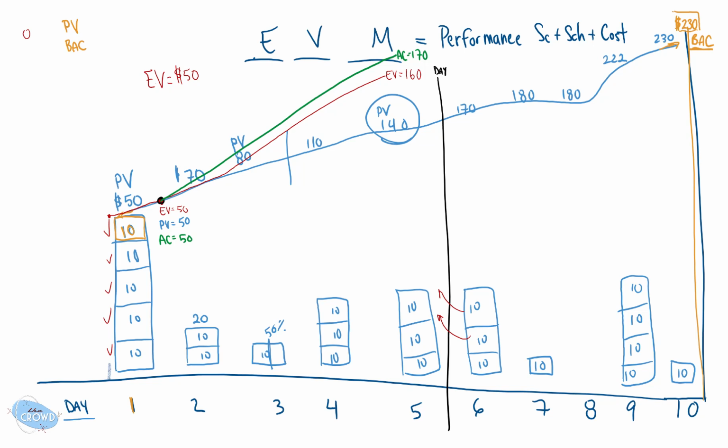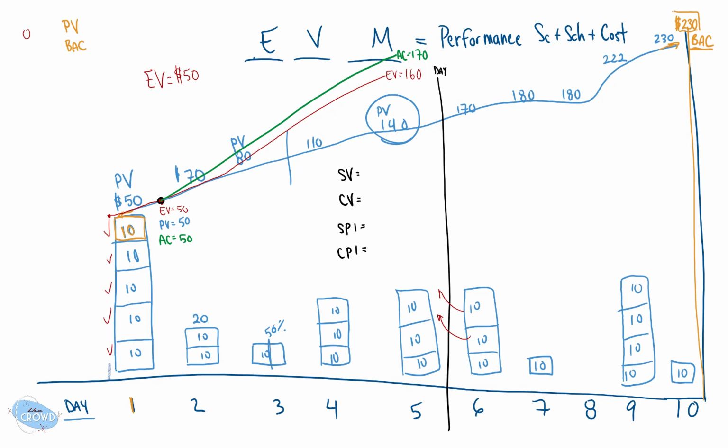The first one we wanted to solve was schedule variance. The next one is cost variance, and then we need our schedule performance index and our cost performance index.